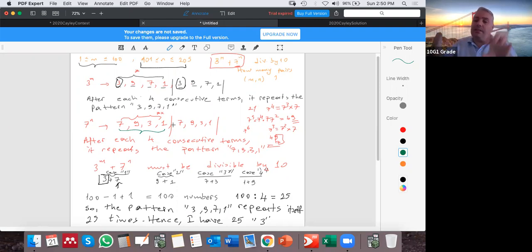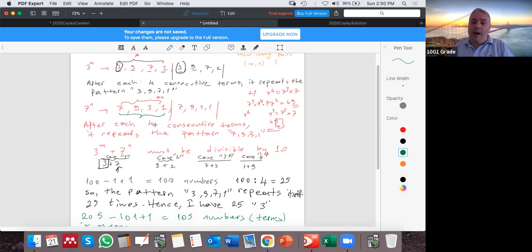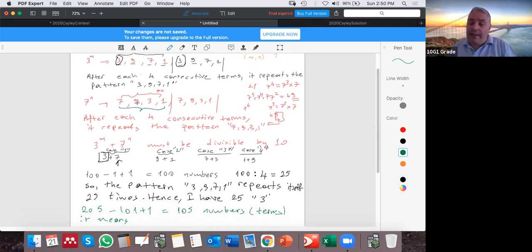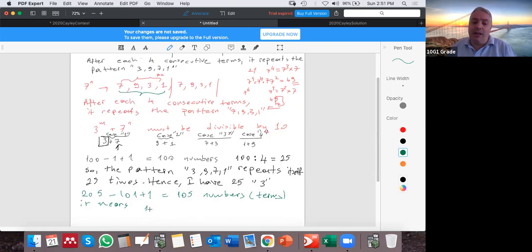So how many groups, each having 4 terms, do I have there? 105 divided by 4 will be 21 groups and an extra member, the extra first member of the group.